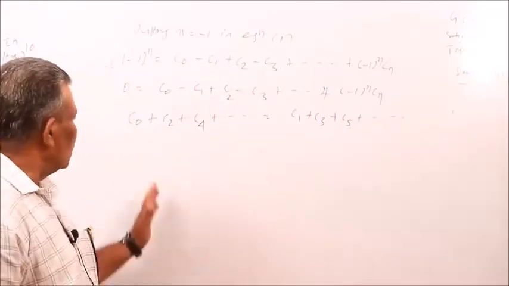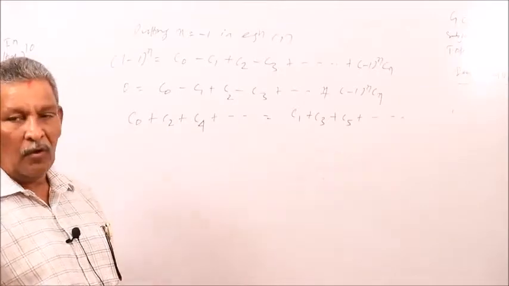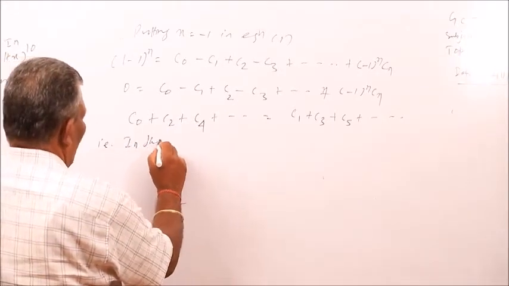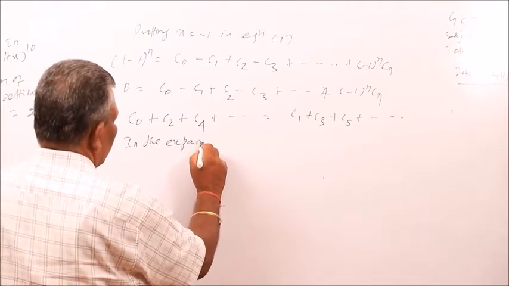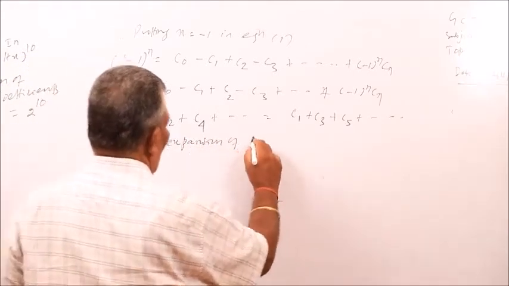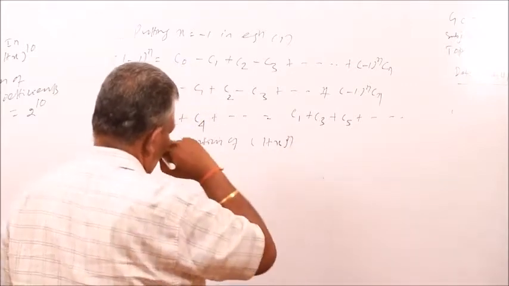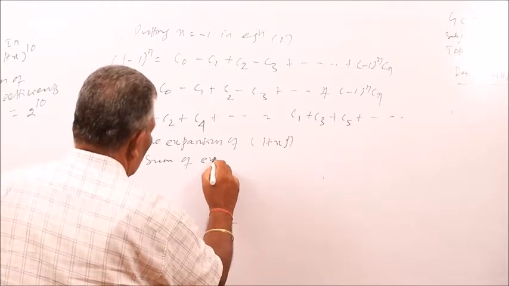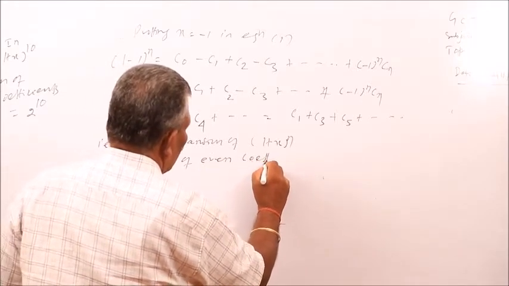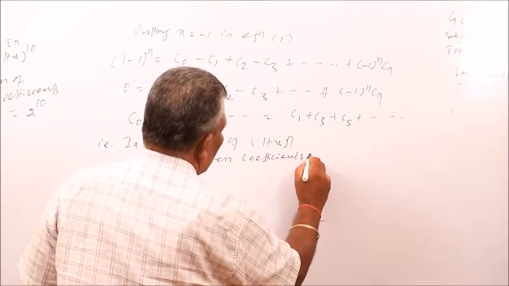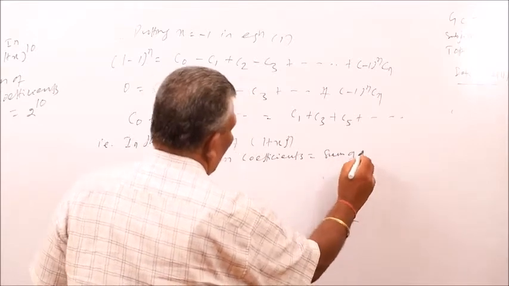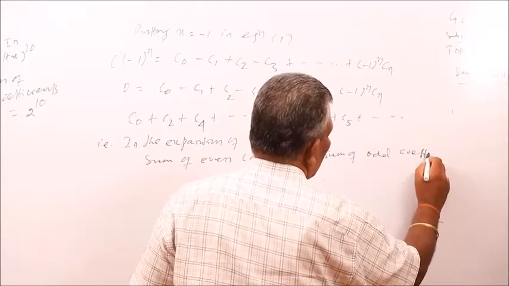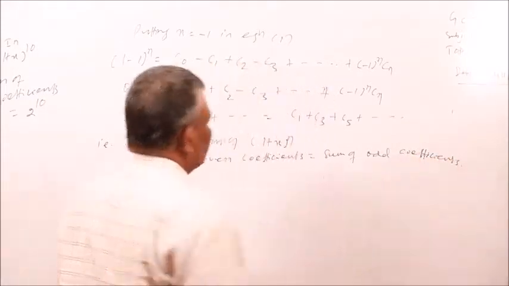That means the sum of even coefficients equals the sum of odd coefficients, that is, in the expansion of (1 + x)^n, the sum of even coefficients equals the sum of odd coefficients, right?